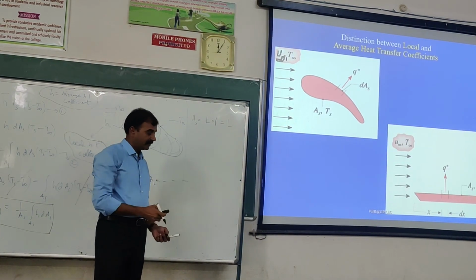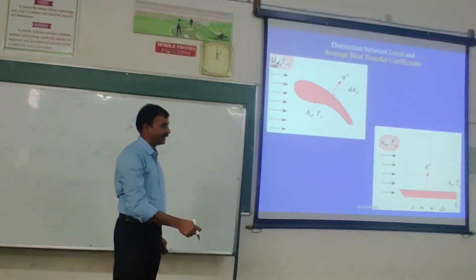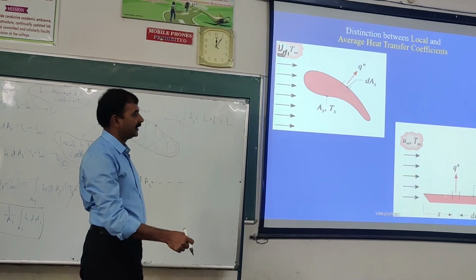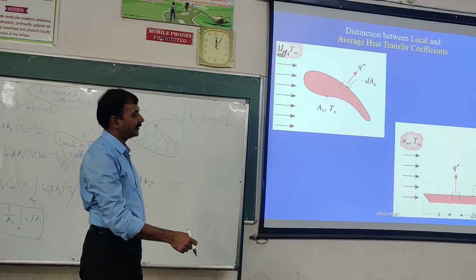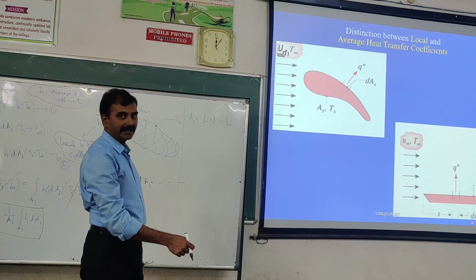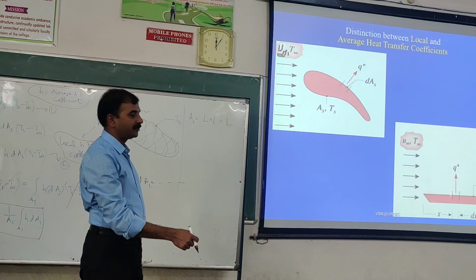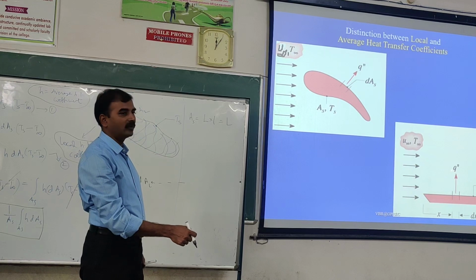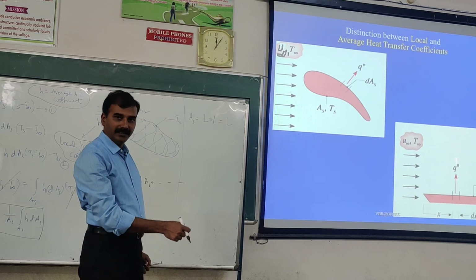Now, in the direction of length, which is shown as positive x, suppose you take a differential length, small length dx, and that constitutes a small area from which a certain amount of heat is leaving.